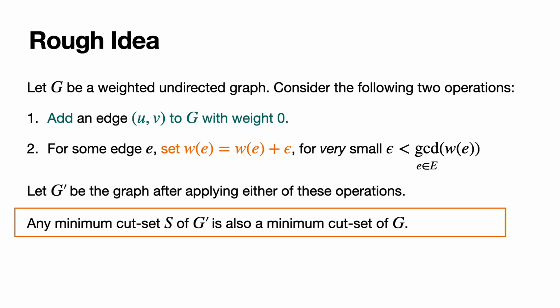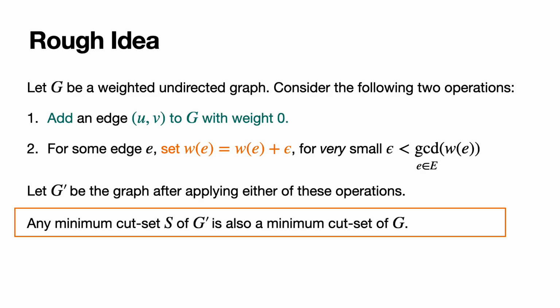The main idea is that any minimum cut set of G prime is also a minimum cut set of G, right? The idea being that if you have some cut which is not a minimum cut, then we're not really changing edge weights so much such that it can now become a minimum cut, right? And also, if you add an edge with weight 0, then it literally doesn't change the weight of any cut.